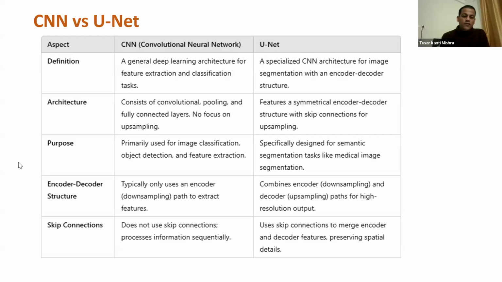So CNN is for contextual classification, but UNET is for semantic segmentation. And semantic segmentation is helpful in medical image segmentation. Encoder and decoder, we have already talked about. Now, this was all a bit of theory on UNET, medical image analytics, and segmentation.